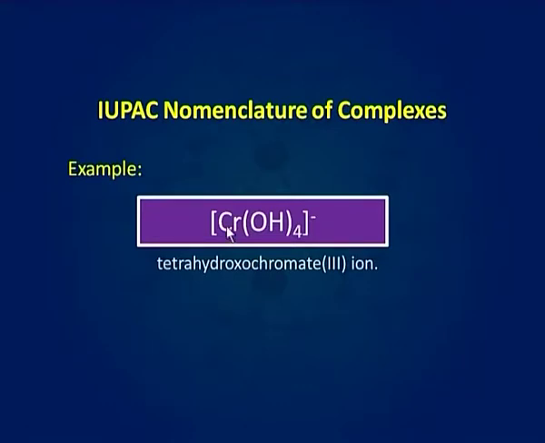The metal is chromium, but since the complex is an anion, we will have to use the -ate ending, yielding chromate. The oxidation state of the metal is +3. So, the name of the complex ion is tetrahydroxochromate(III) ion.